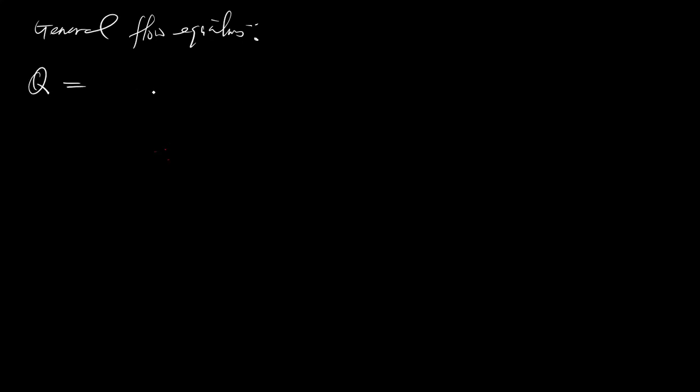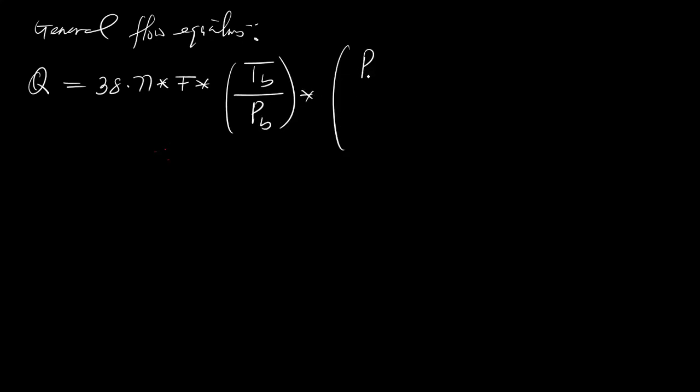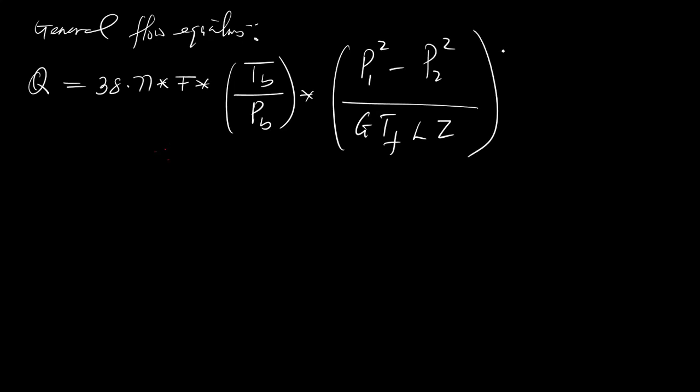So now Q will be equal to 38.77 times F times base temperature divided by base pressure, times P1 square minus P2 square, divided by G times gas temperature times length times Z, all raised to power 0.5, times the internal diameter raised to power 2.5.